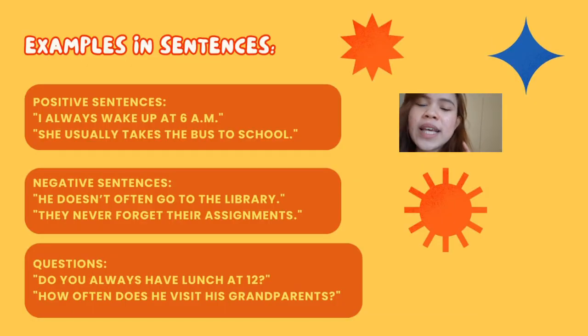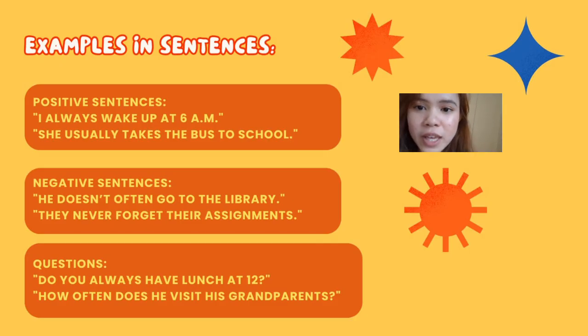Now let's see some examples of adverbs of frequency used in different types of sentences. First is positive sentences. I always wake up at 6 a.m. She usually takes the bus to school. And for negative sentences, he doesn't often go to the library.